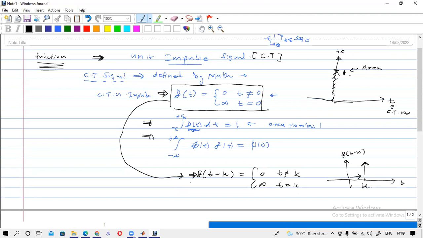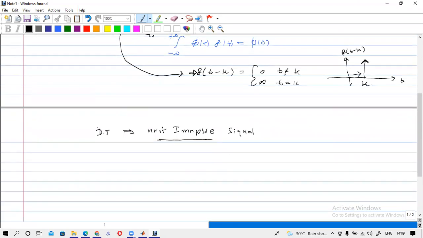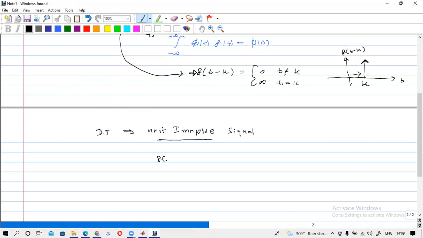impulse function. Okay, so what is the expression for the discrete time unit impulse signal? You know that in discrete time we normally use delta n, and in the shifted version we use delta n minus k.